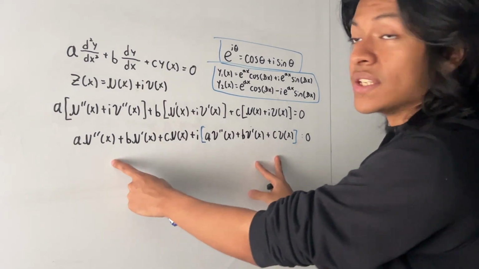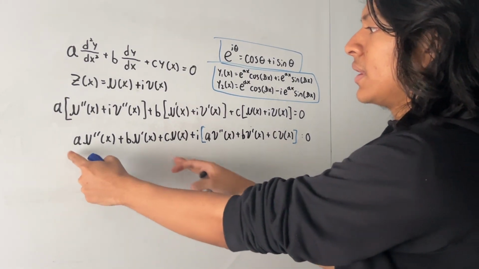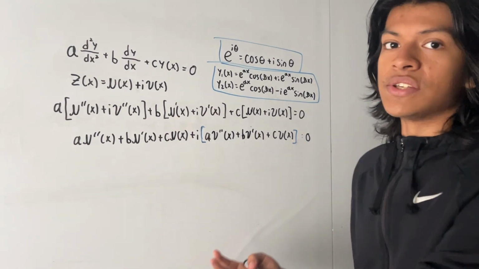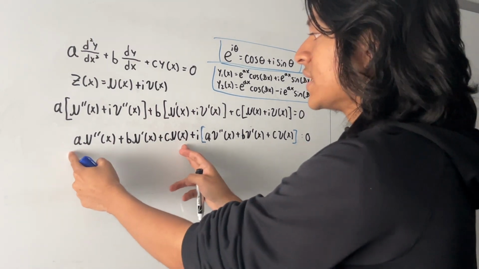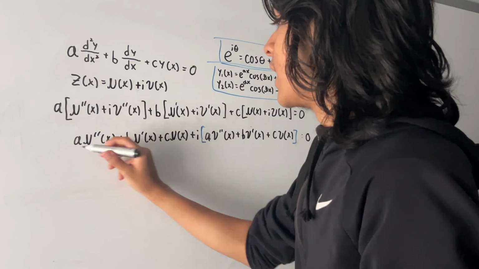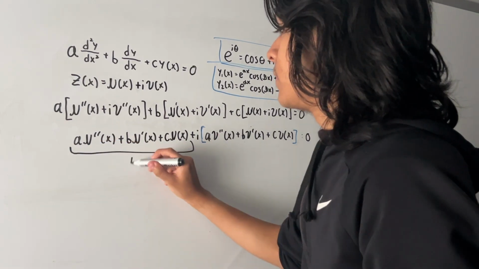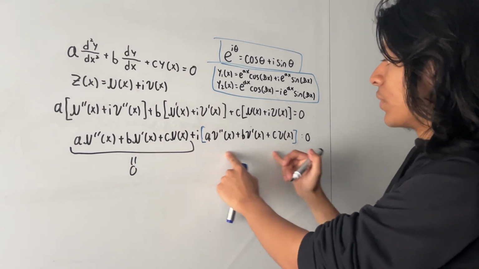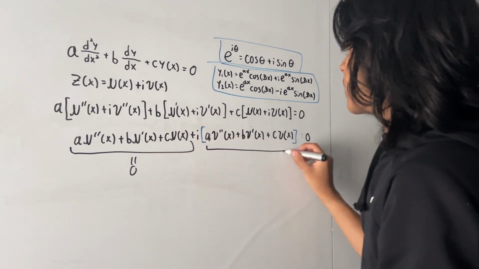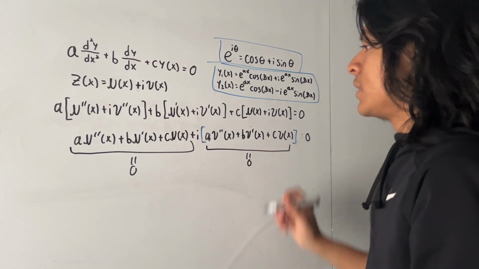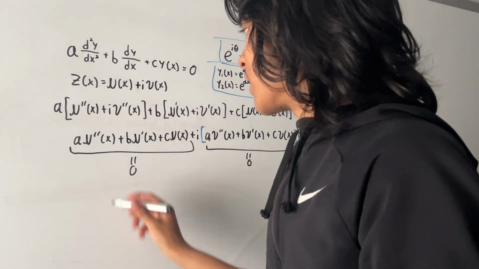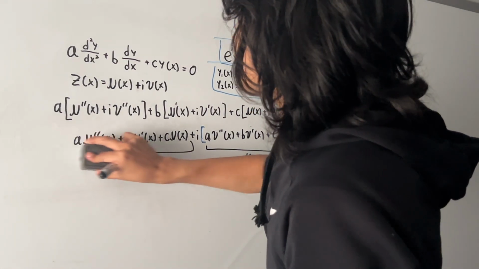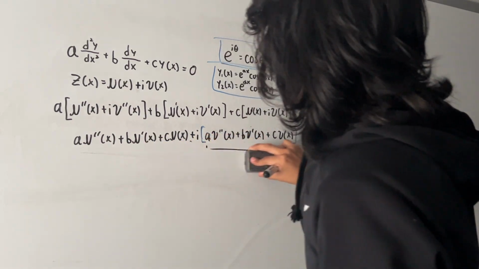And in order for all of this to be 0, this part right here has to be equal to 0. And then for this imaginary part, this real part right here has to also be equal to 0. So really at the end, I'm just gonna erase this so that I get more room.